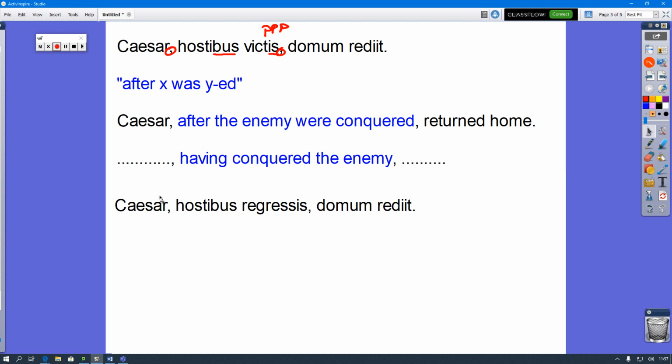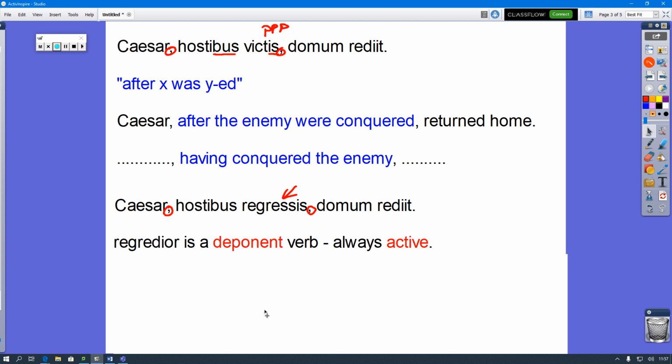In my second example, I still have an ablative absolute, but in this case, my verb, my PPP, regressis, like regression, is from the deponent verb regredior. And I know that a deponent verb, although it looks passive, is always translated active.